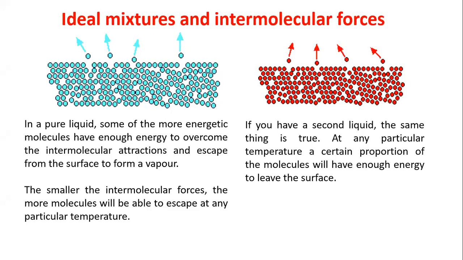The smaller the intermolecular forces, the more molecules will be able to escape at any particular temperature. Now, if you have a second liquid, which is the red ones, the same thing is true. At any particular temperature, a certain proportion of the molecules will have enough energy to leave the surface.